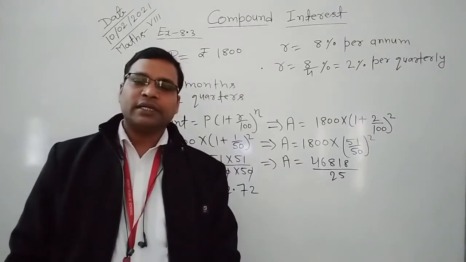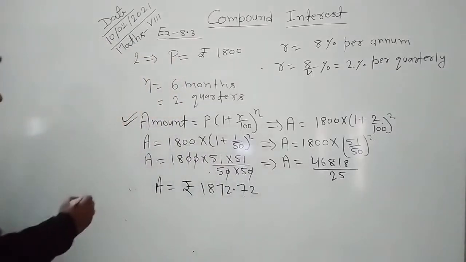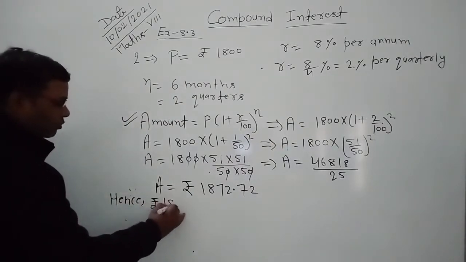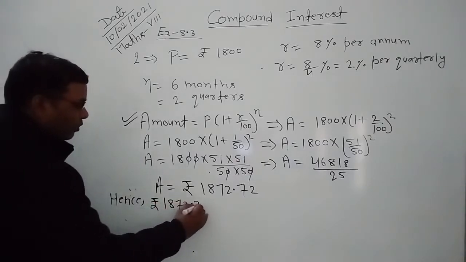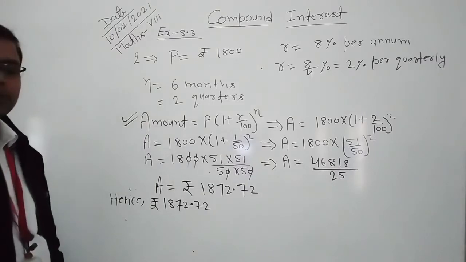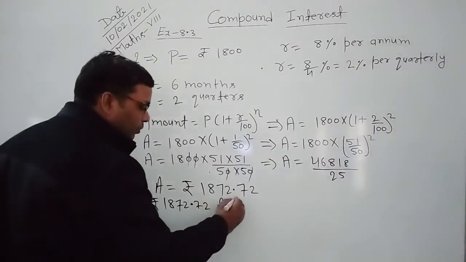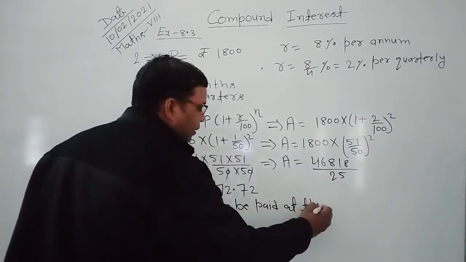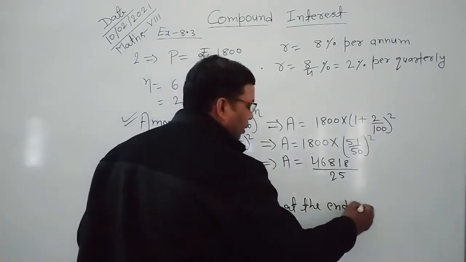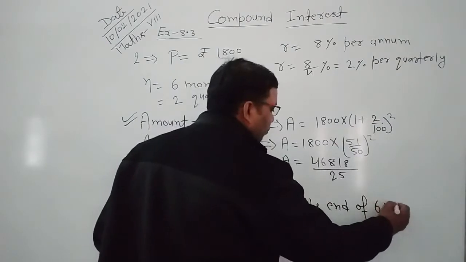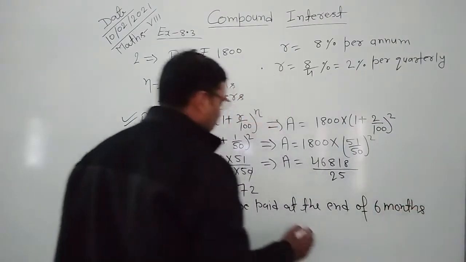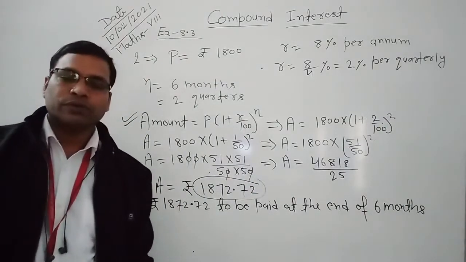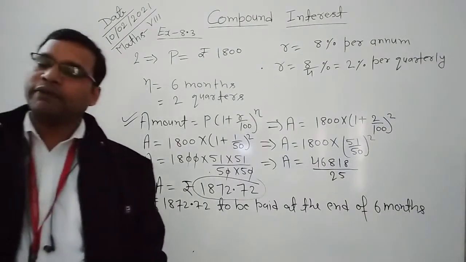So at last you can write, hence rupees 1872.72 to be paid at the end of 6 months.